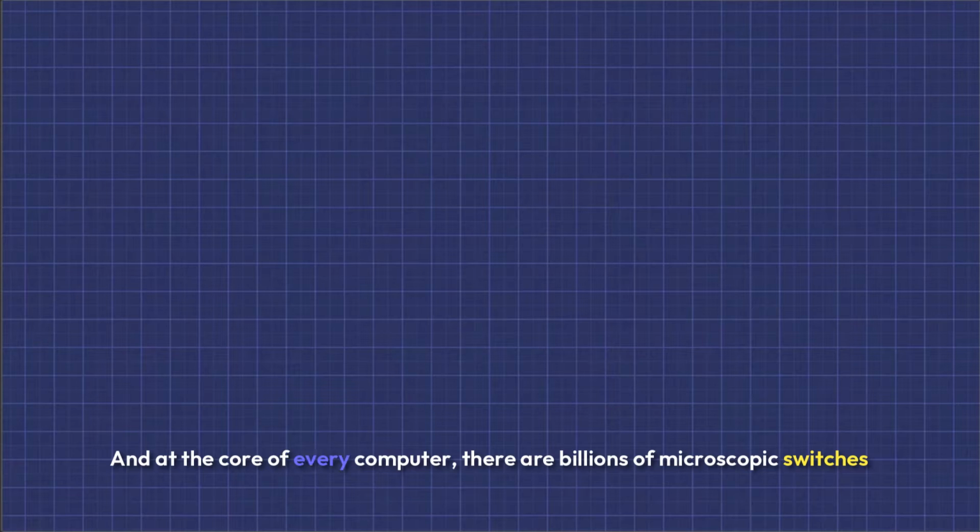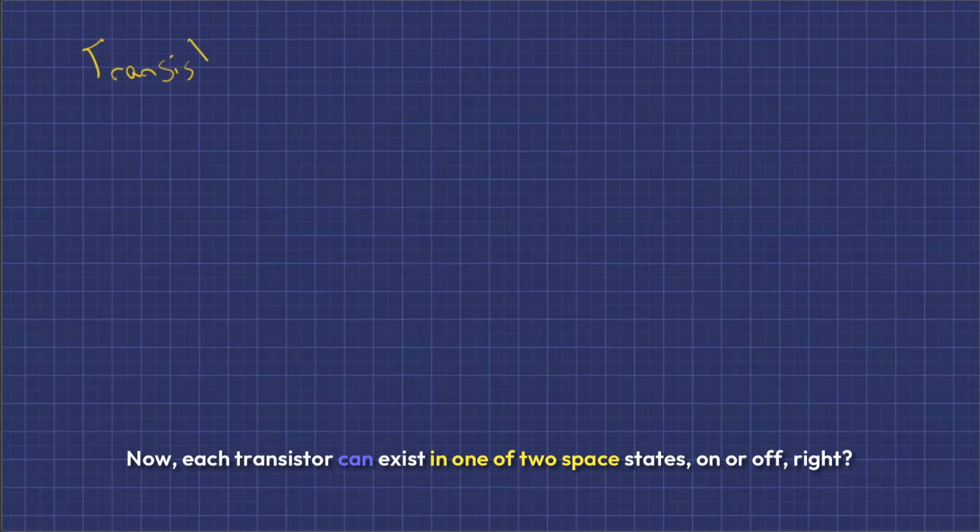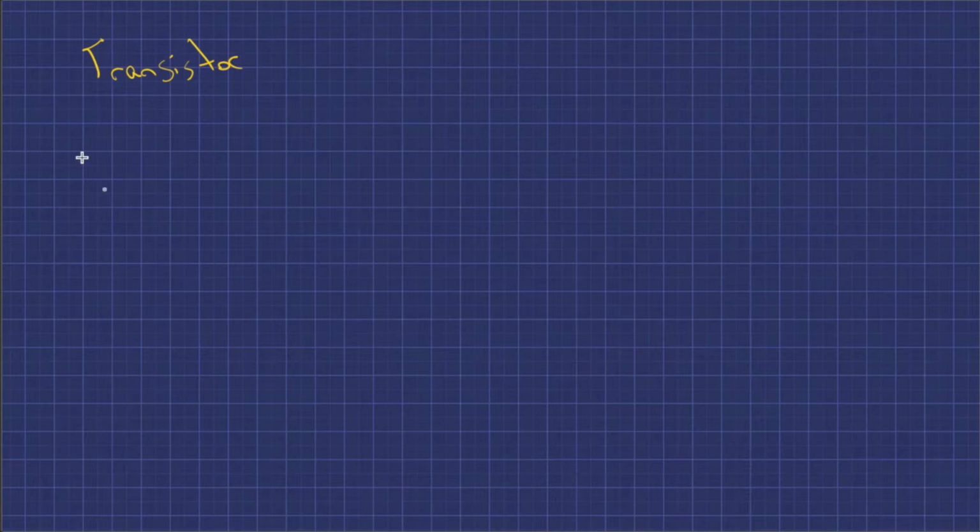And at the core of every computer, there are billions of microscopic switches called transistors. Now, each transistor can exist in one of two states, on or off, right?